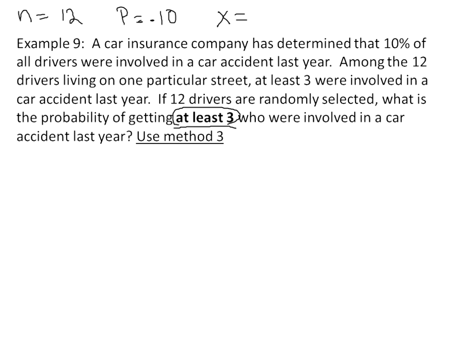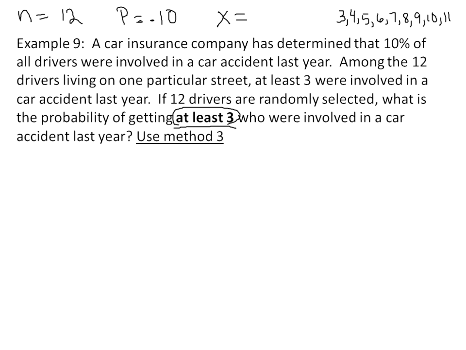Now, x, it says at least 3. So the least you can have is 3. So if I list 3 here, where do I stop?